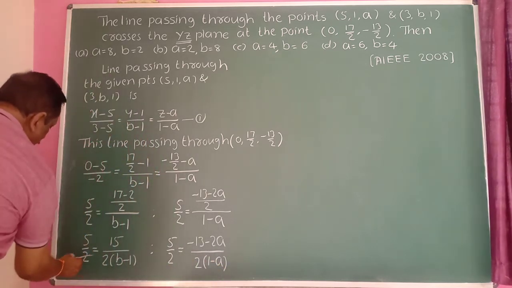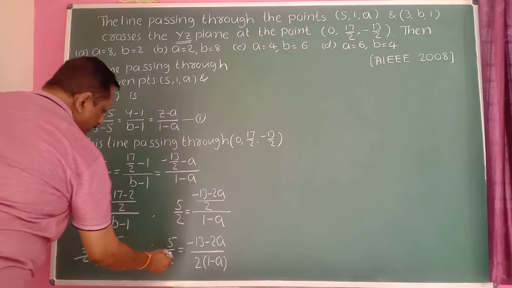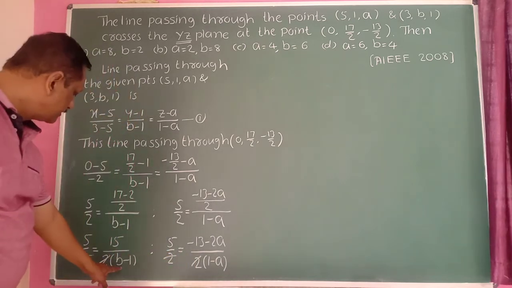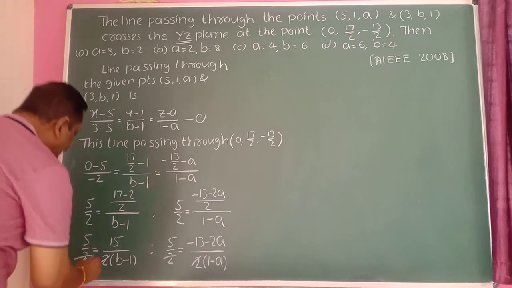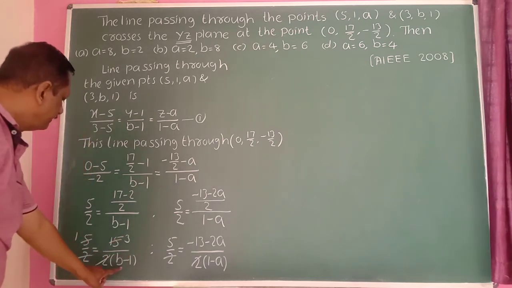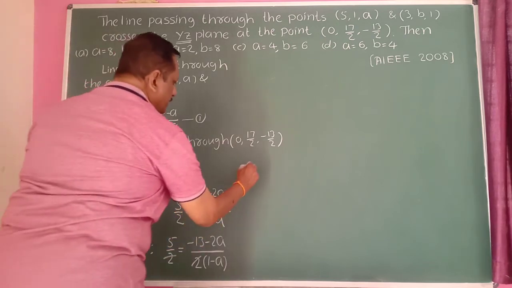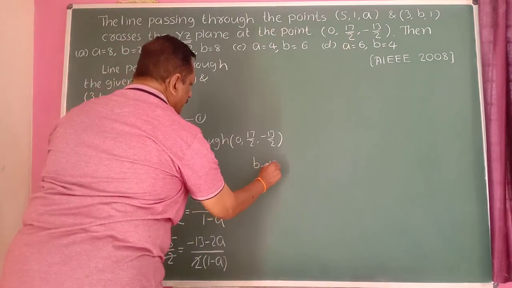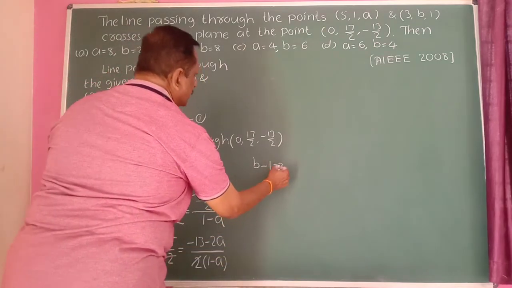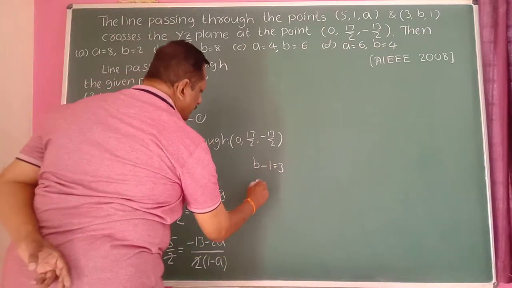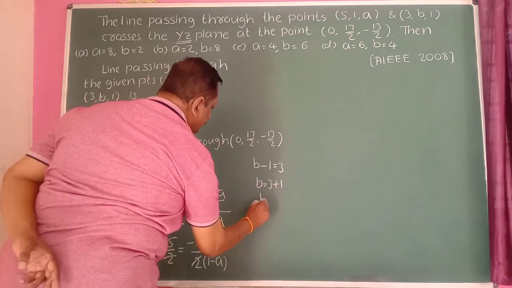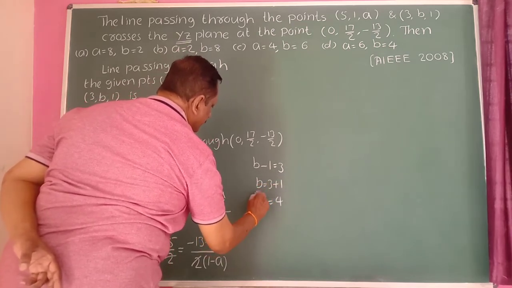The 2s cancel. Taking b minus 1 to this side, 5 ones are 5, 5 threes are 15, so they cancel. b minus 1 is equal to 3. Taking minus 1 to the right-hand side, 3 plus 1, b is equal to 4.